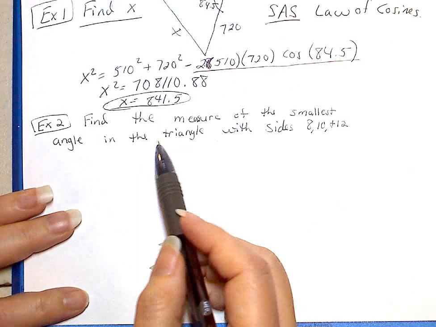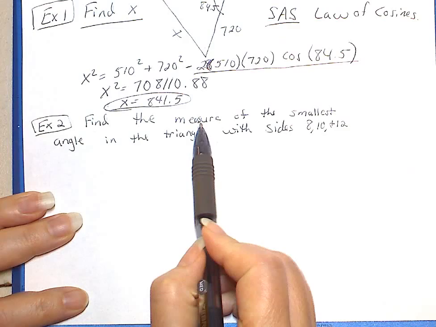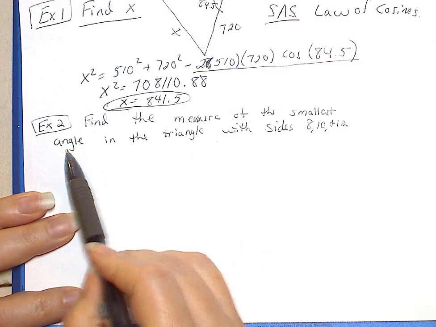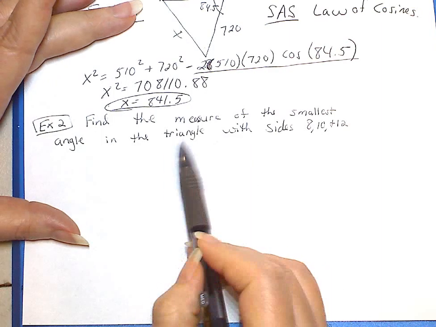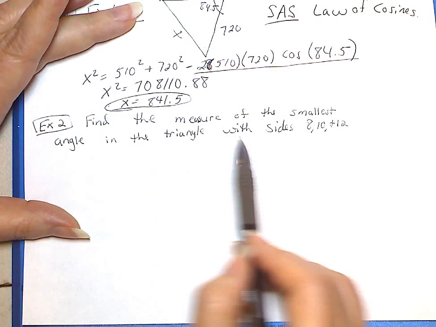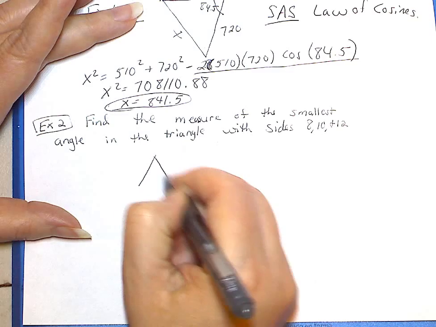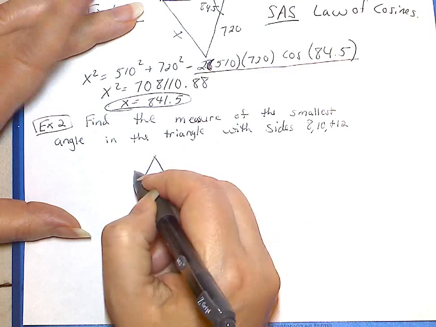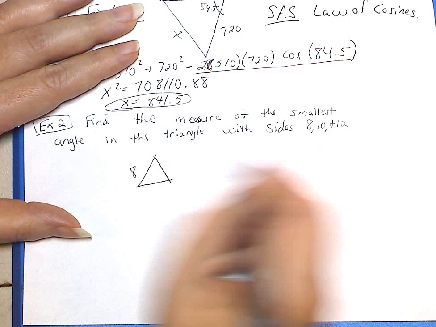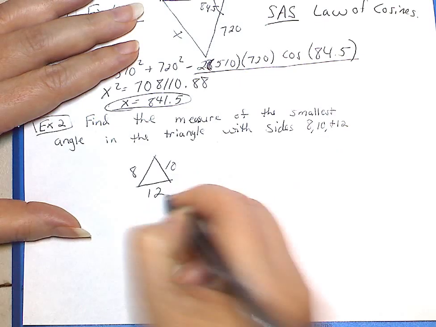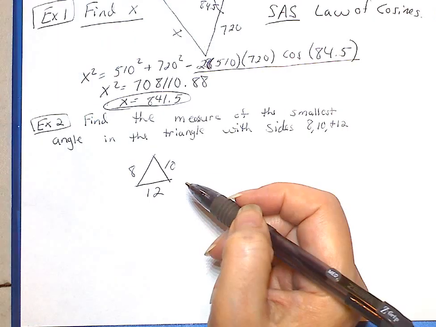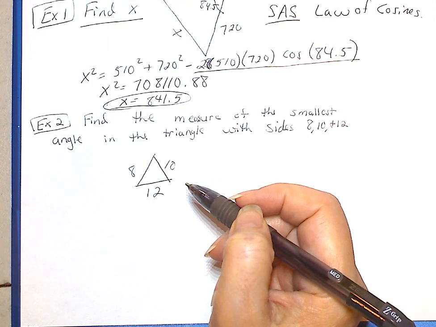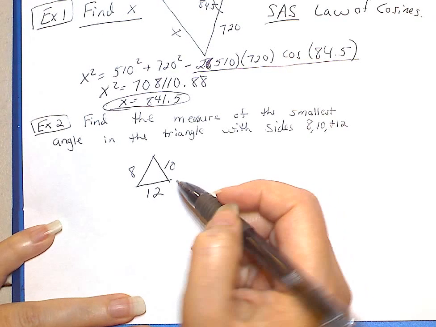Example 2. Find the measure of the smallest angle in the triangle, not a right triangle because it's not right, with sides 8, 10, and 12. It doesn't matter what we call them, but let's figure out what the smallest angle would be.